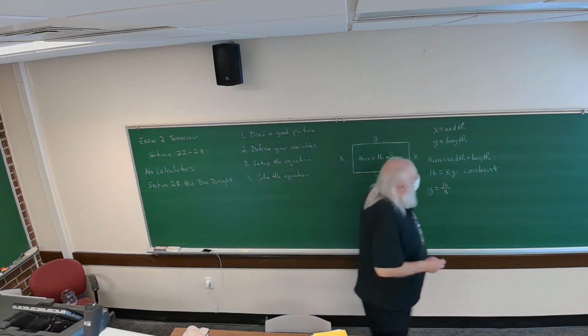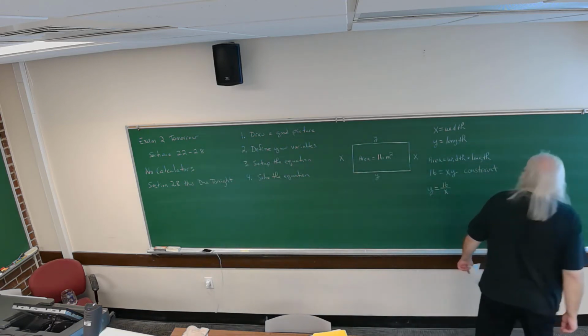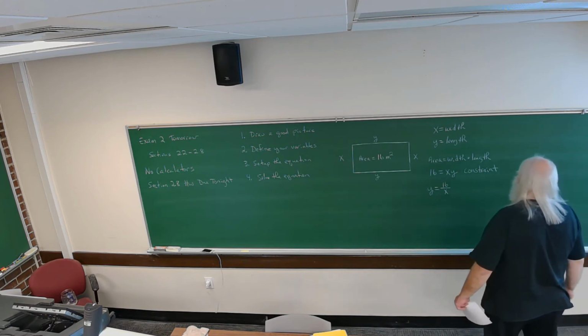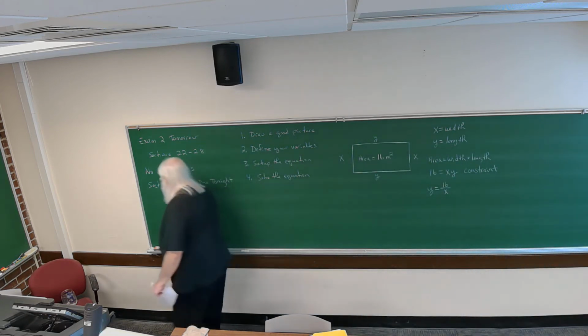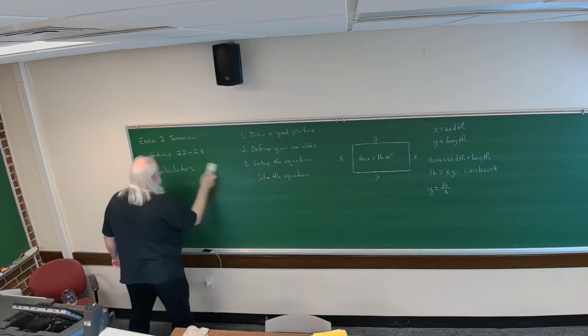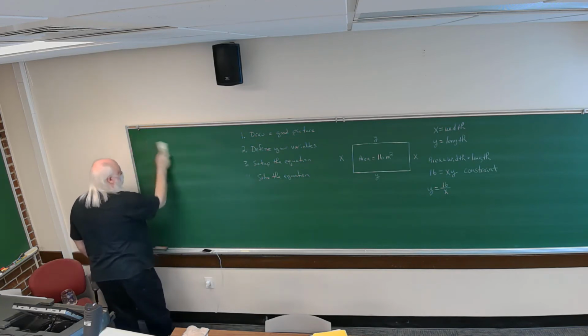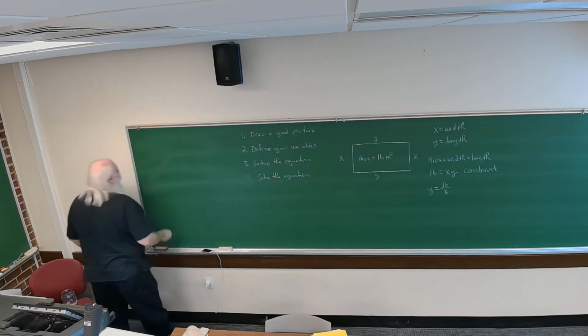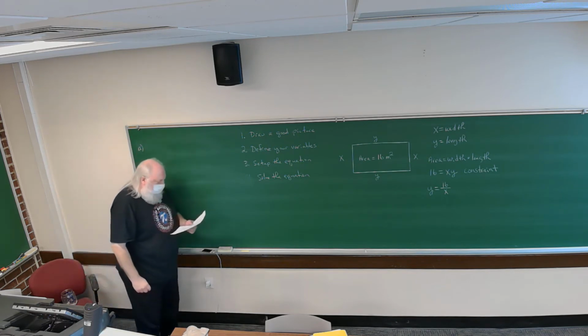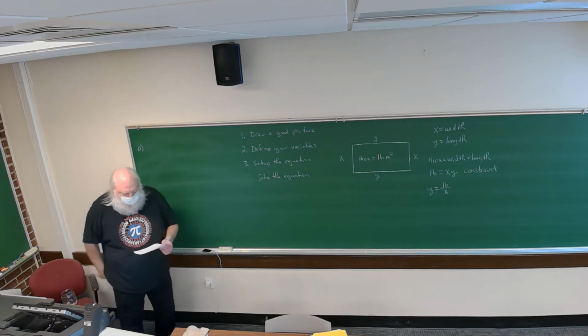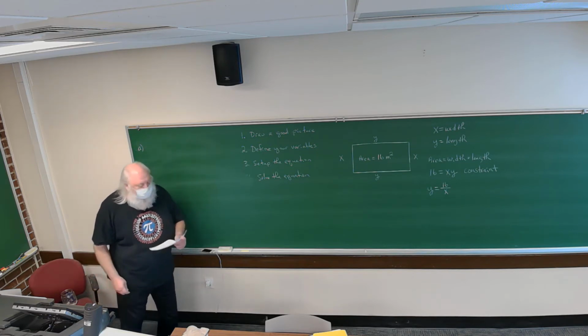So now let's set up part A. Express the perimeter of the rectangle as a function of the length of one of its sides.